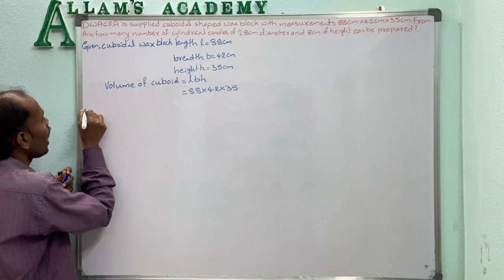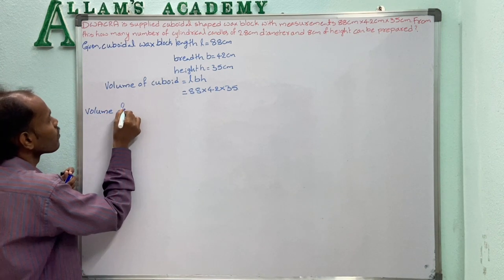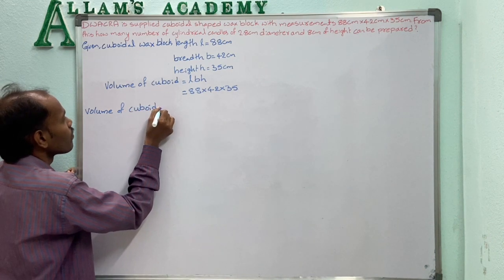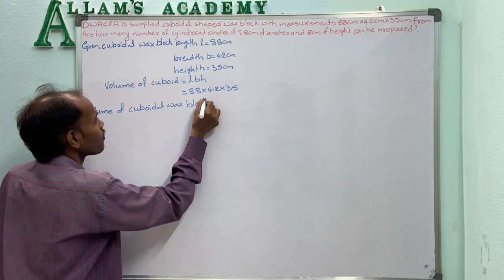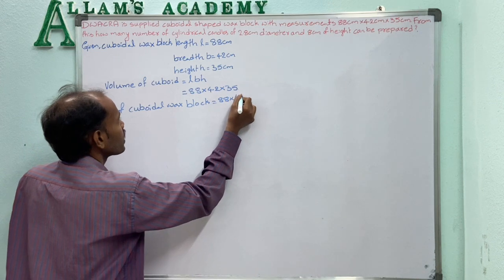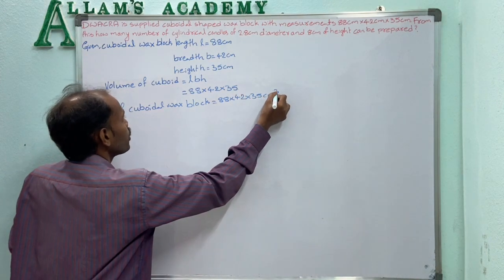So volume of cuboidal wax block is equal to 88 into 42 into 35 centimeter cube.